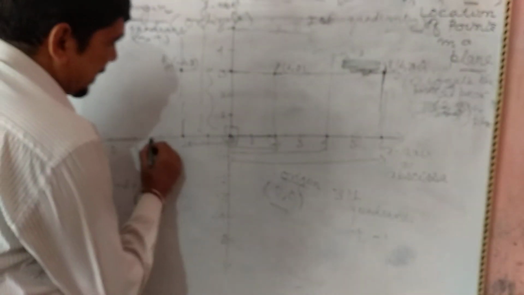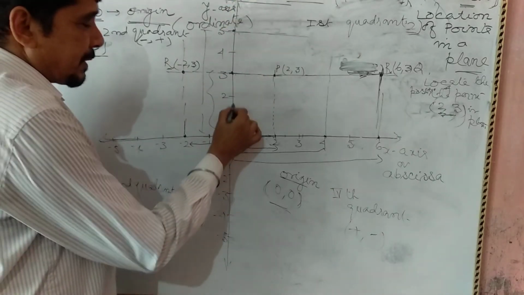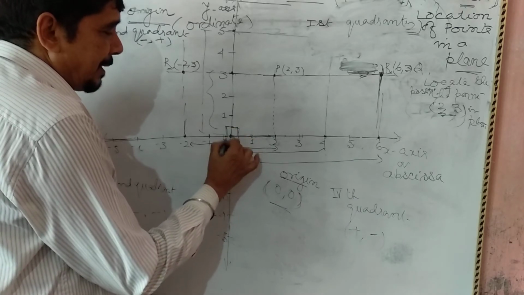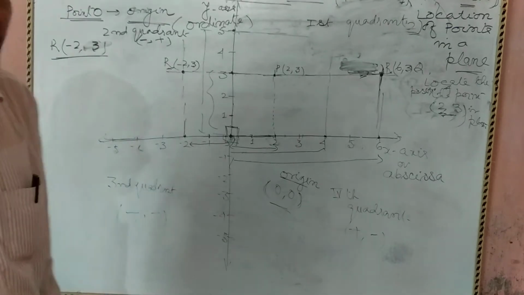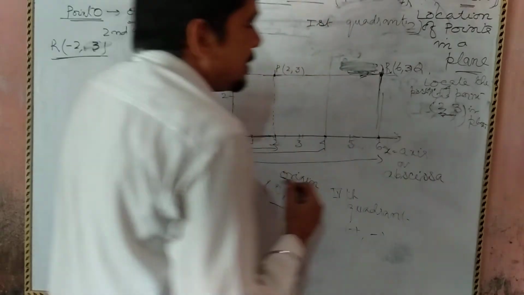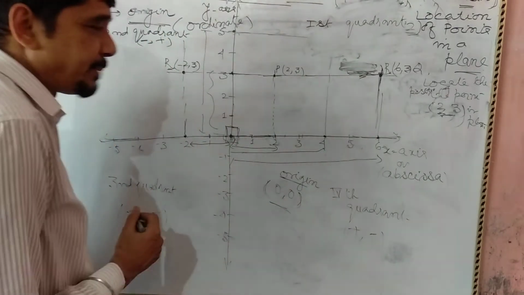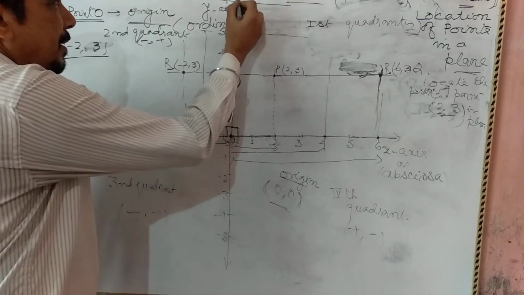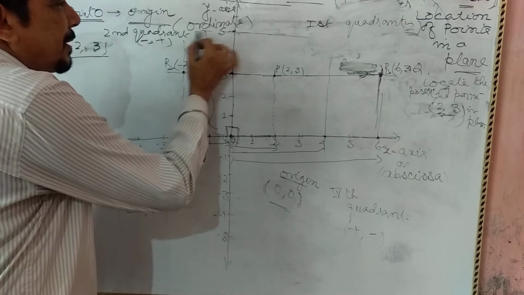Suppose I am taking a horizontal line, this one, and a vertical line, this, and both are meeting at a point, making an angle of 90 degrees with each other. Okay. So the horizontal line is known as the x-axis, sometimes also said to be the abscissa, and the vertical line is known as the y-axis and is also known as the ordinate.